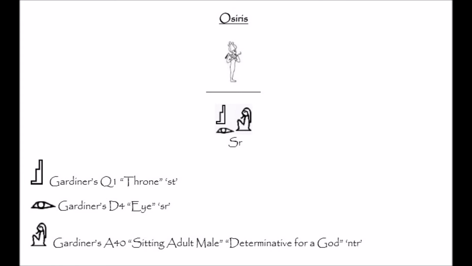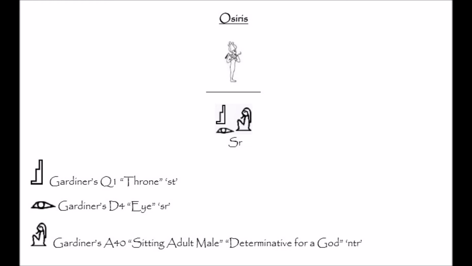And notice that as you're reading into the face, it is the left eye. And the left eye is significant for a future lesson because of the determinative that's also with it, the throne. And the sitting male character, and you know it's male because of the goatee that he has.